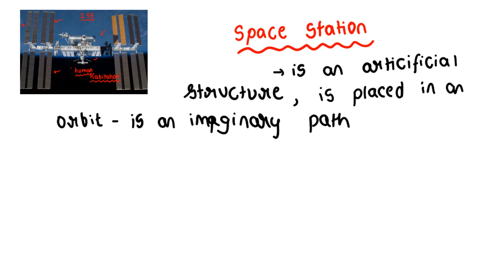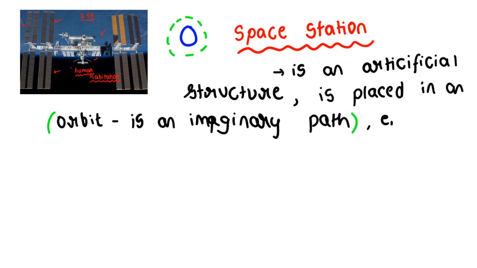See here, if this is the earth and we draw some imaginary line, a satellite or space station kept in this orbit will only rotate in this orbit without deviation from its path. Are you getting it? Without deviating from its path, the object keeps on rotating around the earth in the given prescribed path. Clear? So it is placed in an orbit.